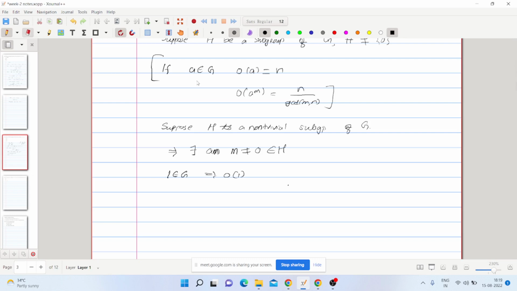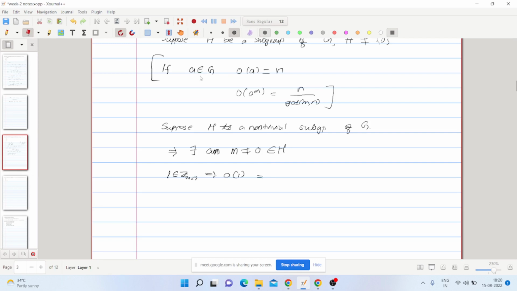Here G is Z_2027. What is the order of 1? 2027.